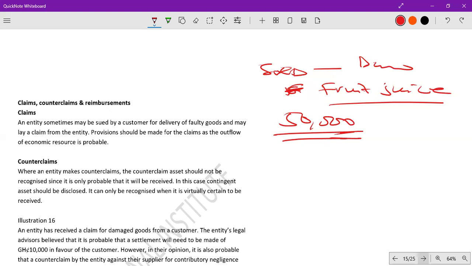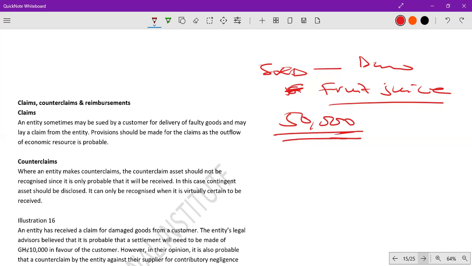If it is in the wisdom of your lawyers that you will be liable to pay that amount, then you need to recognize a provision. But if it is not likely that you may pay that amount, then you have to disclose it. That is about claims.